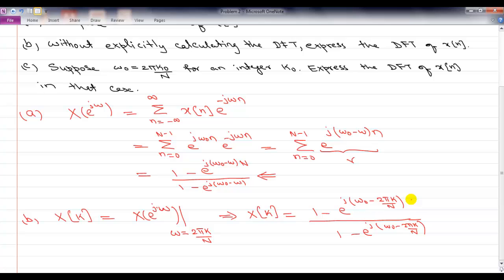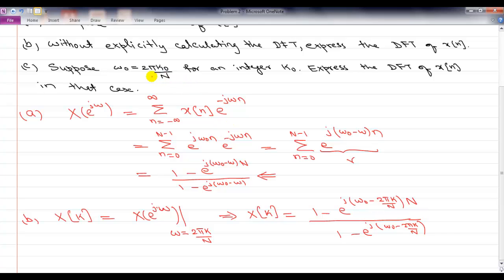This should be capital N. I could have gotten the DFT using the DFT formula explicitly, but the purpose of this problem is to remind you of the relationship between the DTFT and DFT. If you are given the DTFT, you can simply compute the DFT by taking samples of it.